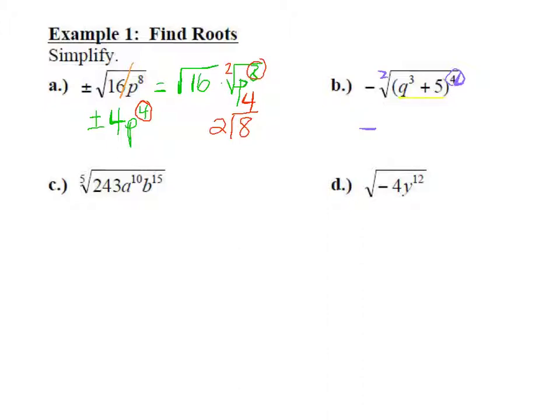So you are going to get a q to the 3rd power plus 5. You don't mess with it. You just leave it in parentheses. And then you're going to take this 4 and divide it by 2, which will give you a square. So that's your answer for B.